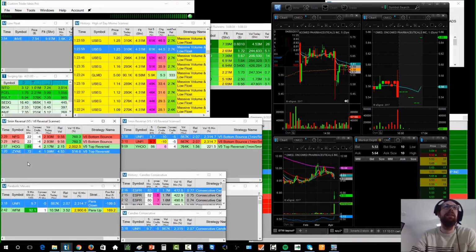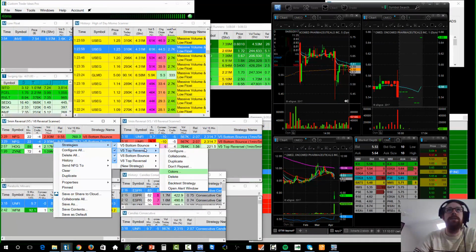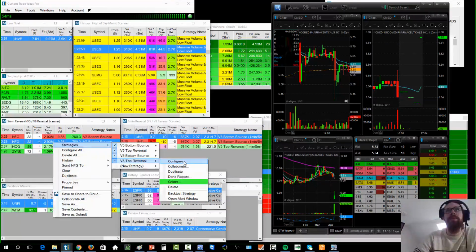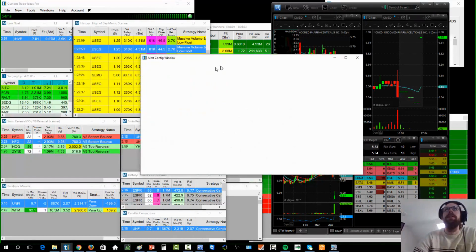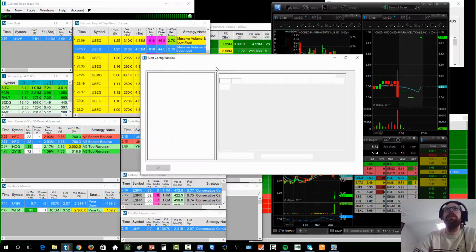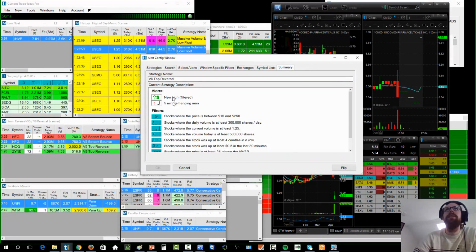Having said that, this is our 5-minute reversal scanner. So let's look at one of the strategies. It has 4 strategies built in, 2 for tops and 2 for bottoms. So let's see, we'll just do a top reversal and we'll click configure and advanced. So this is going to, and let's see, which is this, the V5 or the V8? This is the V5. No, sorry, this is the V8.